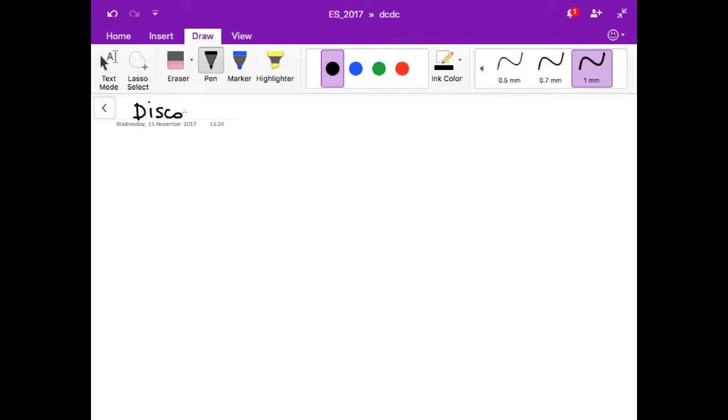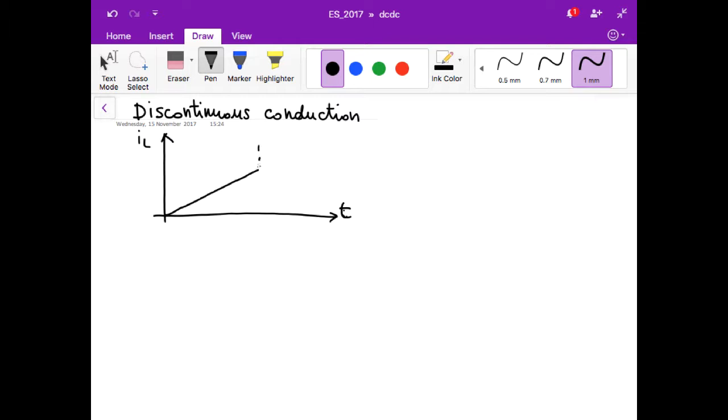Let's consider the case of discontinuous conduction. Again, this is a concept that we have seen in different shapes for all types of converters. During T on, the current in the inductor increases. We are charging the inductor.